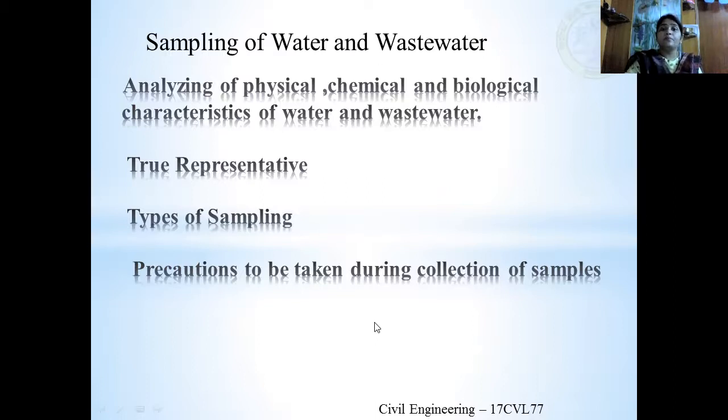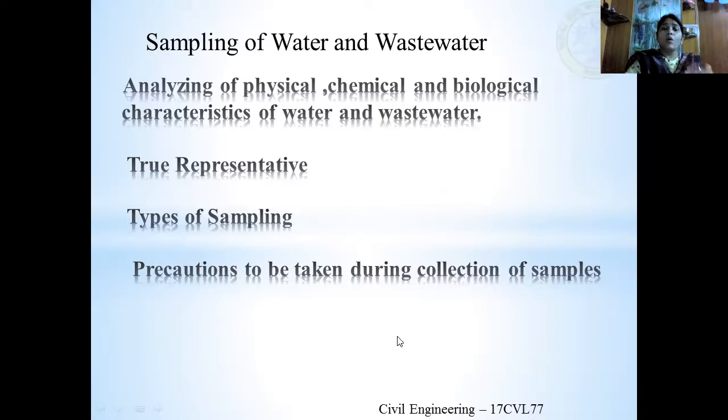For example, hardness, it should be between 300 to 600 mg per liter. For example, pH, it should be between 6.5 to 8.5. For example, nitrate, it should not be more than 45 mg per liter. Acidity, not more than 50 mg per liter. Total alkalinity, not more than 200 mg per liter.